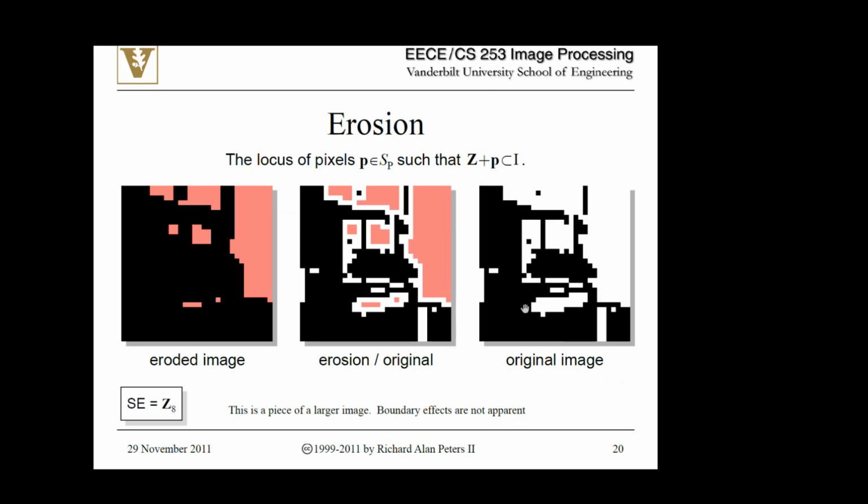What about this region? Very few of them fully contain the kernel. So only this line, when I shift the kernel to those locations, the kernel is fully included. So this is called an erosion.